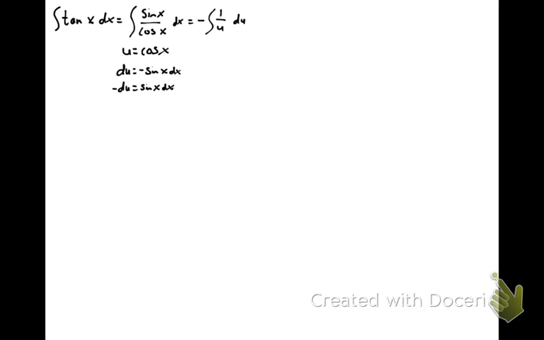And that connects to what we've been doing because 1 over u integrates to the natural log of the absolute value of u plus c, and since u equals the cosine of x, we can reach our conclusion. So we employed some trig identities and just paid some attention to things.